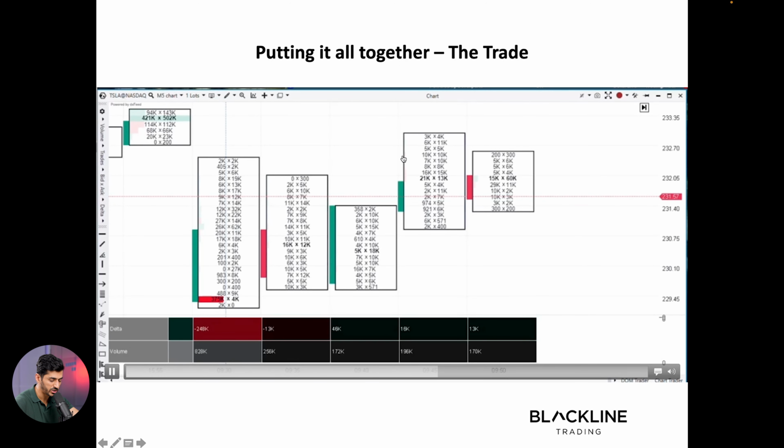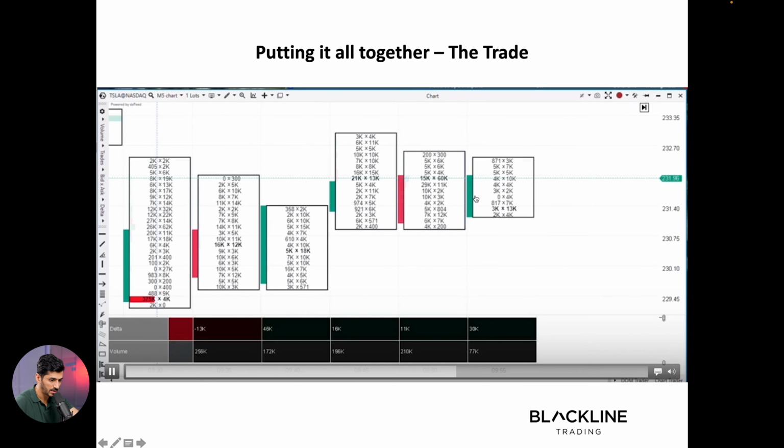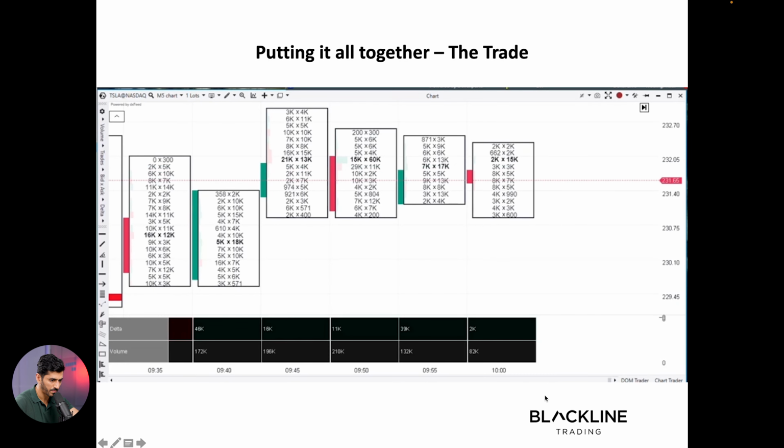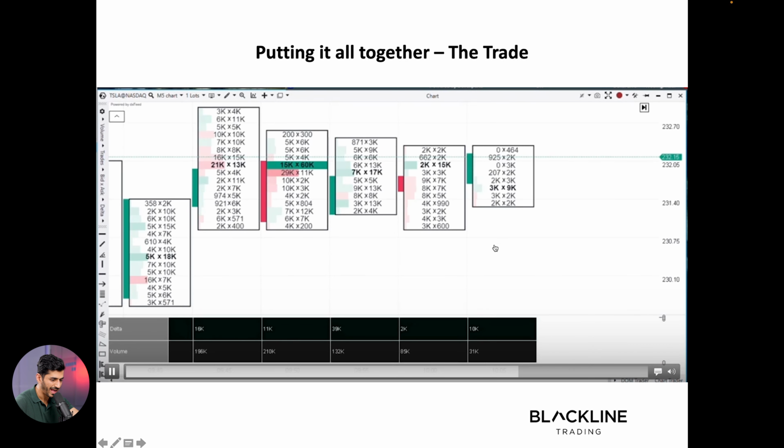And once those positions have been built, we see a massive move on the upside. Right? Look at that. 17Ks, 60Ks, a lot of activity with a lot of volume on the downside. And there is your aggressive move on the upside.